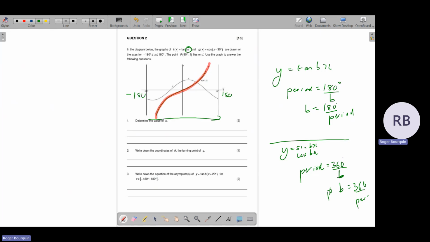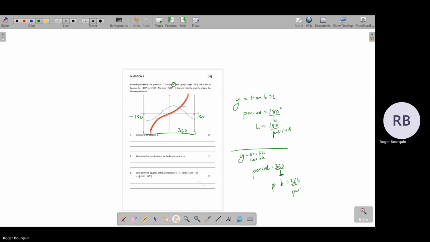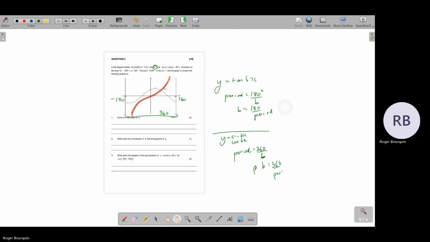What's that distance from negative 180 to 180? So the period is 360. So go tell me what b is. So in this case, what's b going to be? Remember, we'll chat after the lesson quickly. b is equal to 180 over 360, which is a half.